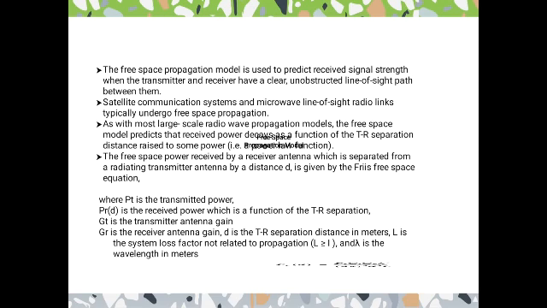PR is given as PT into GT into GR into lambda square divided by 4 pi squared d square L, where PR is the received signal power, PT is the transmitted signal power, GT and GR are the gains of the antennas, lambda is the wavelength, L is the loss, and d is the distance separation between the transmitter and receiver.